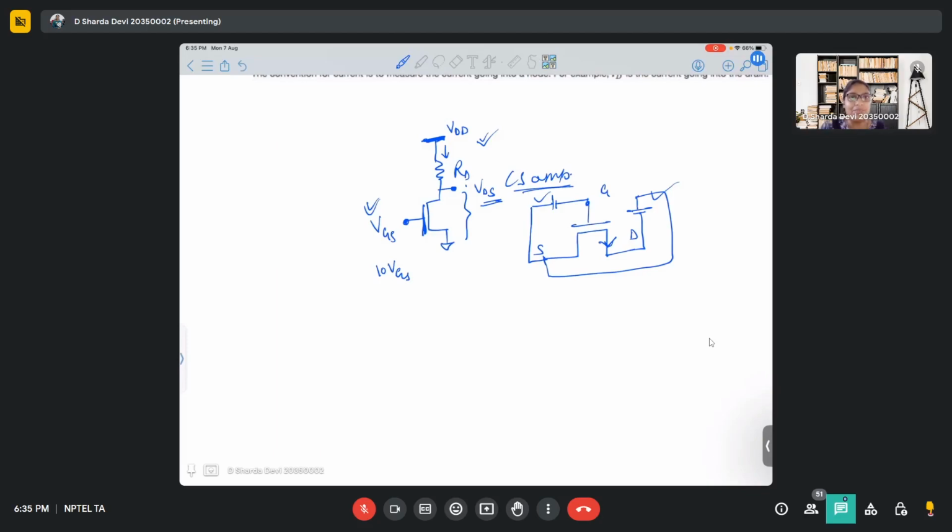But ideally, they can be used separately also. So that is what I meant when I said these two are independent. Not in the amplifier or complete circuit setting, but in general, these two terminals, these two ports, are independent of each other.